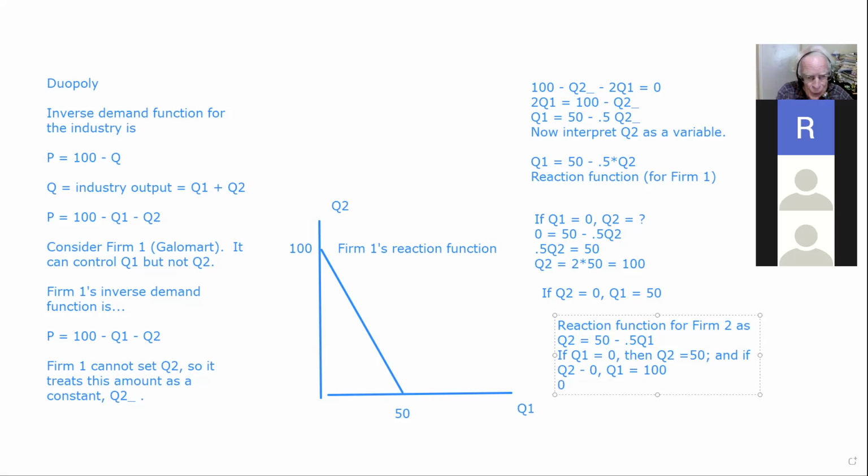So we have from the reaction function 0 is equal to 50 minus 0.5 times Q1. And then solving for Q1 gives us 50 on the left-hand side. We've added this term to both sides, and then divide through by 1/2, which is the same as multiplying by 2. So there is the second reaction function.